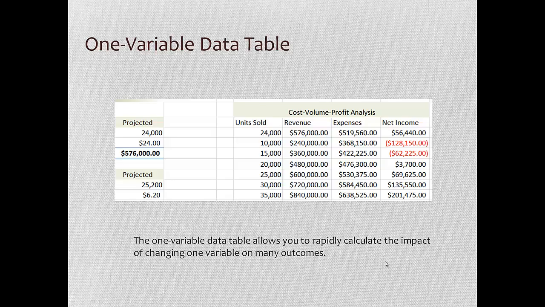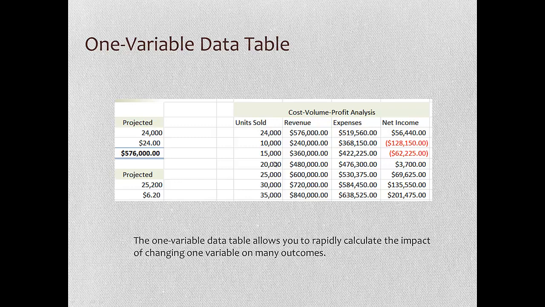In this video, I'm going to look at creating a one variable data table. In one variable data tables, you can do a quick what if analysis that shows the impact of changing one variable. For example, in this spreadsheet, it's units sold.